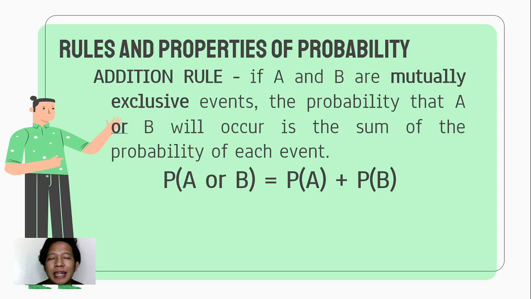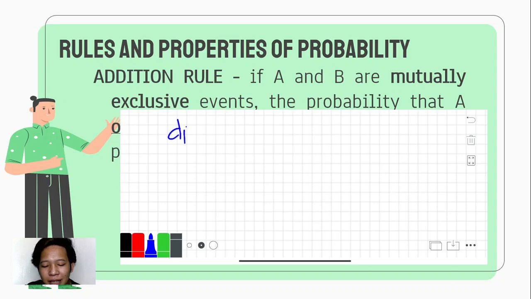Mutually exclusive event is that these are two events na hindi pwedeng mangyari at the same time. Okay? Hindi siya pwedeng mangyari at the same time. Ibig sabihin, mangyayari muna yung isa bago mangyari yung isa. Let's say, for example, we have a fair die. Okay? We have a fair die or yung dice kung tawagin natin. Alam natin that a fair six-sided die ay merong six faces.